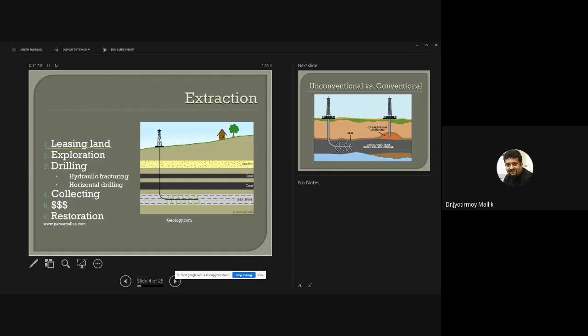Because the permeability is extremely low, this is one of the enhanced gas recovery techniques that one of the groups discussed in your slides. Here you enhance the permeability by inducing hydraulic fractures. Then of course you have to collect, then sell, shown by the dollar signs, and then restoration.